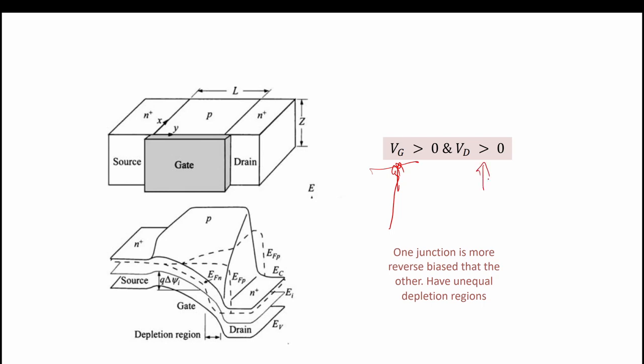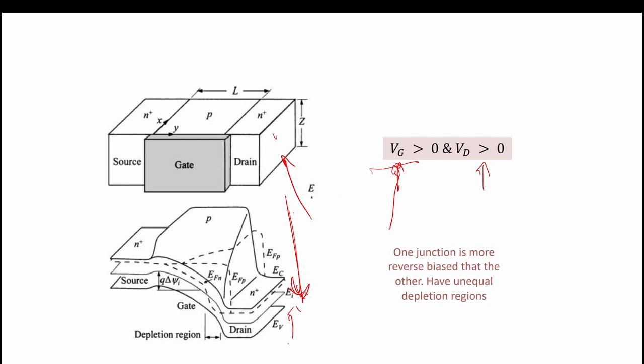And Vd greater than 0, we are applying the potential at the drain, so it will lower the band at the drain side. This side will go down.